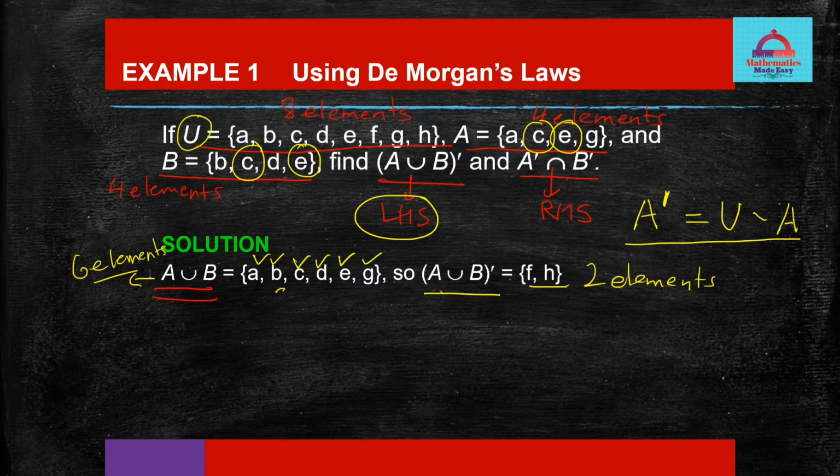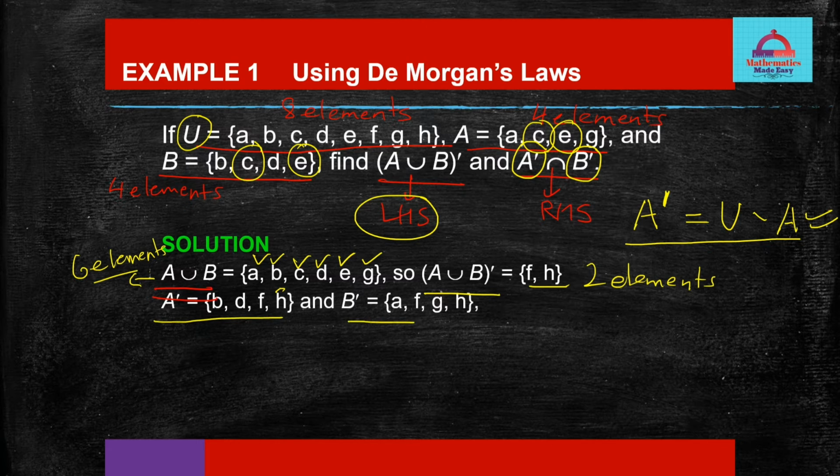Now let's do the right hand side. To get the right hand side, we'll first calculate A complement, then we'll calculate B complement, and finally we will take the intersection. So let's write A complement and B complement. Very easy. We are going to use the basic definition of complement and do the set subtraction. So this is how my A complement and B complement look. Now let's find and highlight what is common here, because we are taking the intersection.